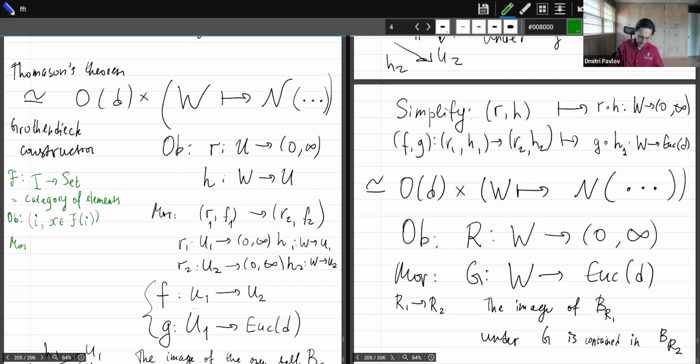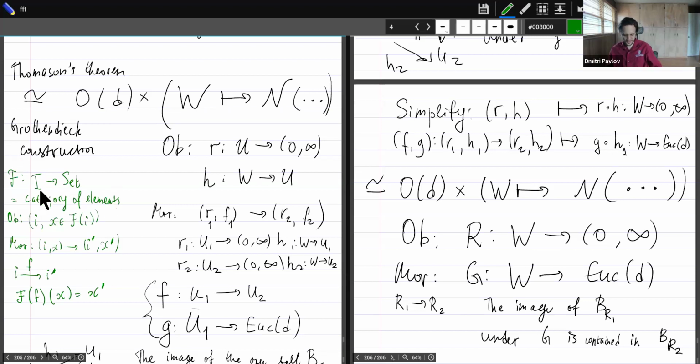And morphisms from (I, X) to (I', X') will be by definition morphisms f from I to I' with a condition that capital F(f) applied to the element X equals X'. So that's what the Grothendieck construction amounts to.